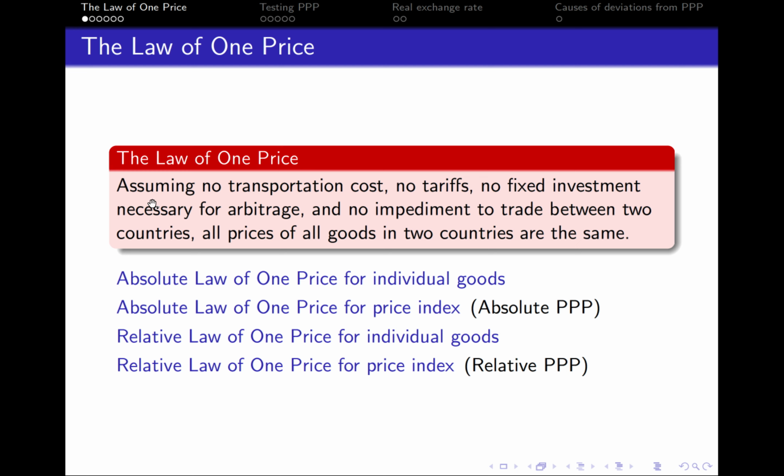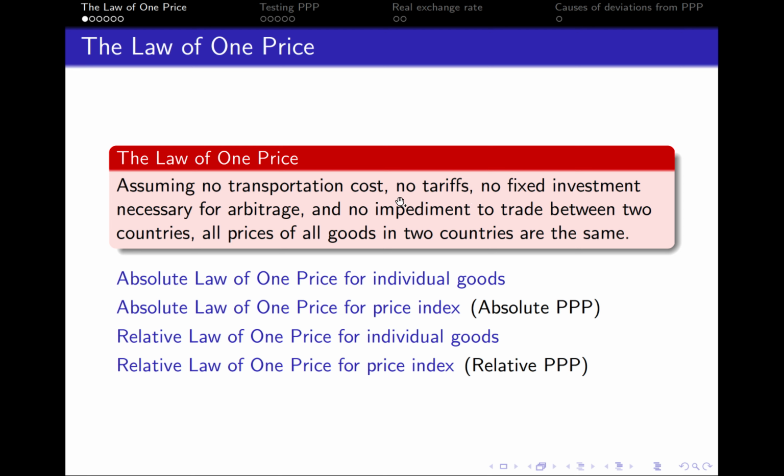Basically, we see no transportation cost, which is obviously impossible because there's always a cost of taking one good to the other. And unless somebody is going to invent teleportation and it's going to be freely available to everyone, transportation cost is something that is going to exist.